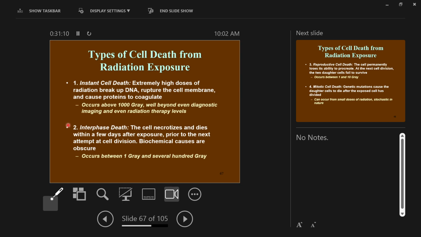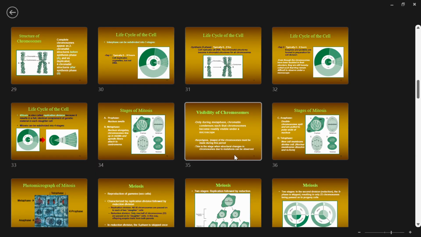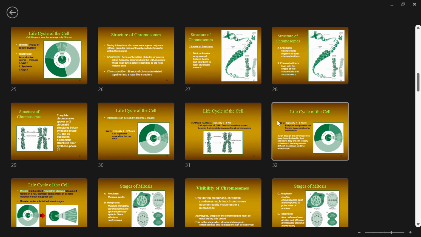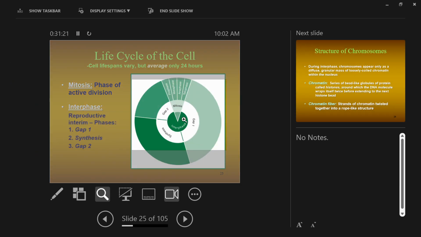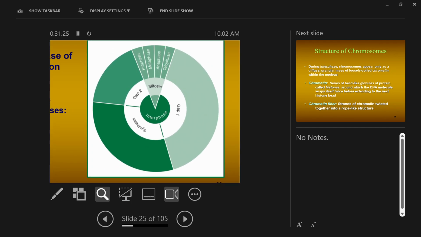So let me bring up the slide here. It'll be, I think, maybe helpful. So here is your cell life cycle, right? Notice the sliver at the top, mitosis. That's cell division. The rest of that pie chart, 90% of it, is called interphase.